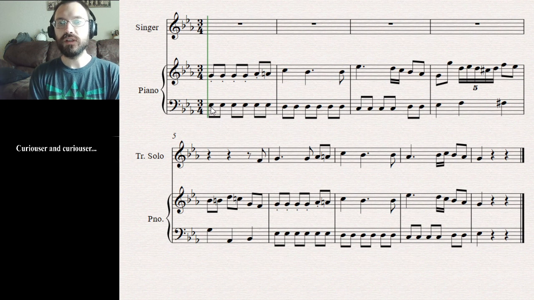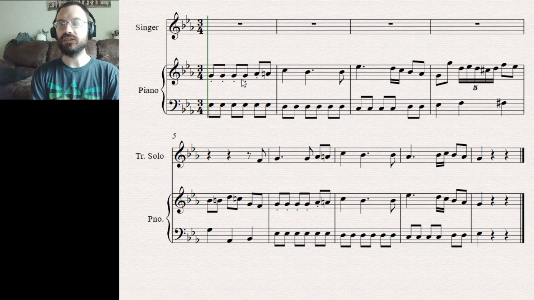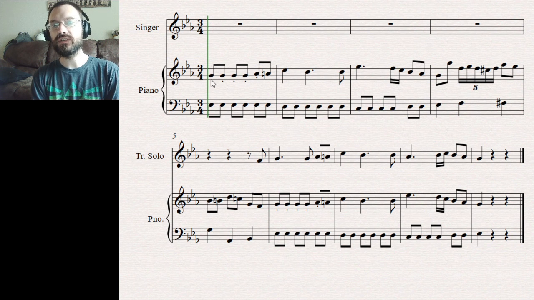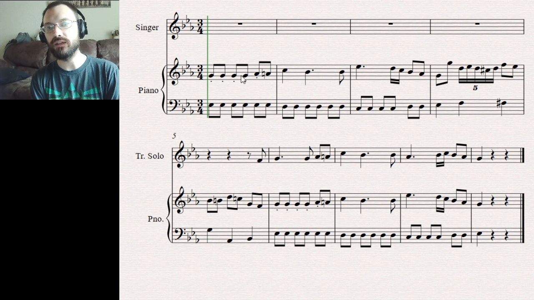What's curious about how the bass relates to the melody is every time the melody starts to move up, the bass moves down. So in this case, we have the melody moving up from G to C and B flat, moving up to E flat, and the bass is moving down across that whole section.